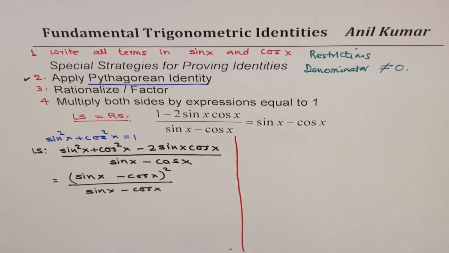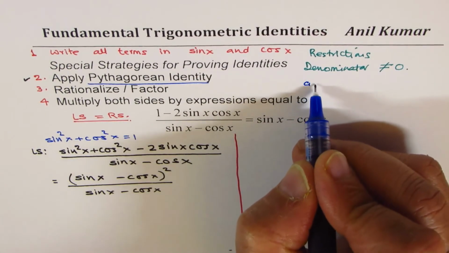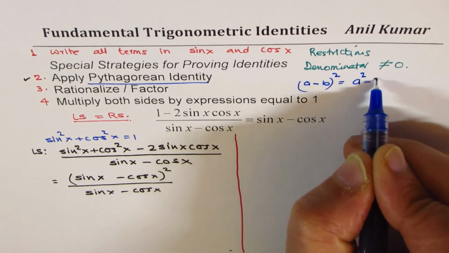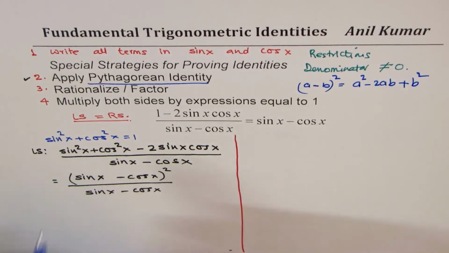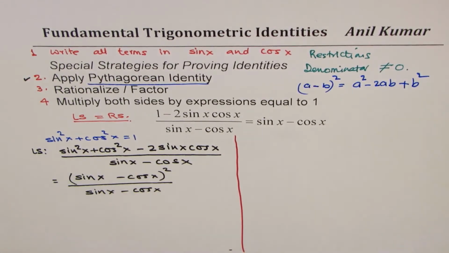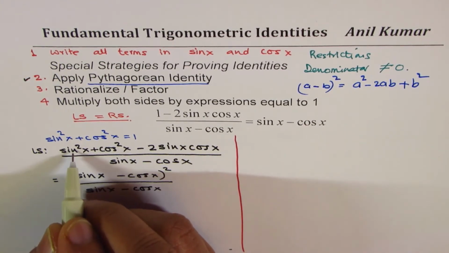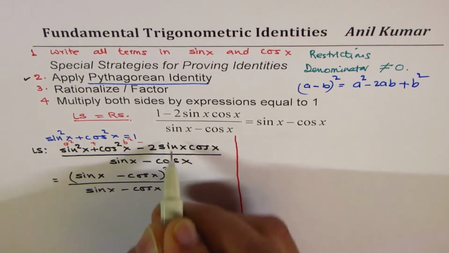Now, I hope you remember how we get this. We know that (a minus b) whole square is a square minus 2ab plus b square, correct? In this particular case, we can treat a as sin x and b as cos x, so we have a square plus b square minus 2ab.